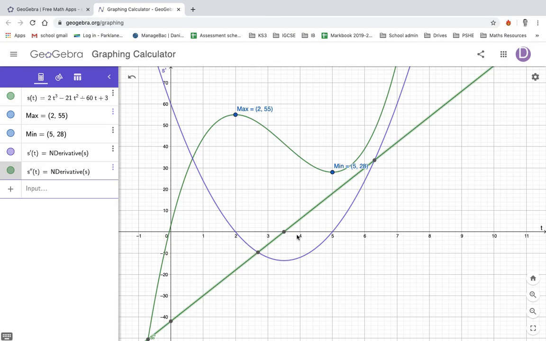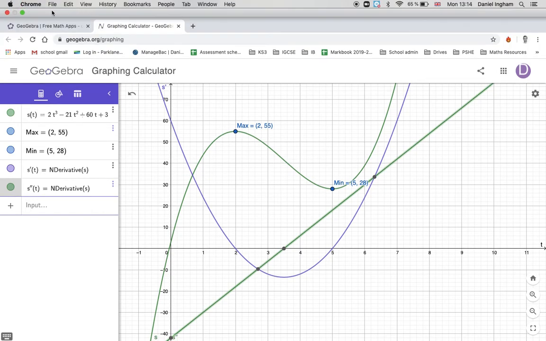Okay, and then from this point on, the velocity is increasing, and this corresponding point on the acceleration curve is positive. So all along here, the acceleration is positive, and that means that the velocity is increasing.